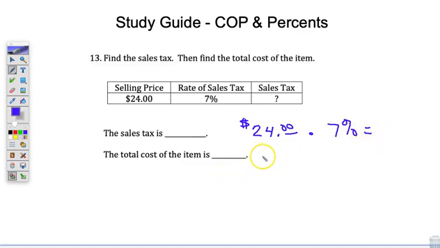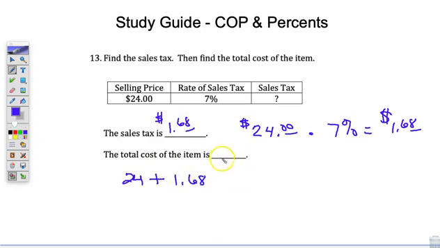So for the first part, 24 times 7% should give you $1.68. So we don't need to round on this one. Please make sure you use those dollar signs. The total cost of the item then is going to be $24 plus the $1.68. That should be a total of $25.68.